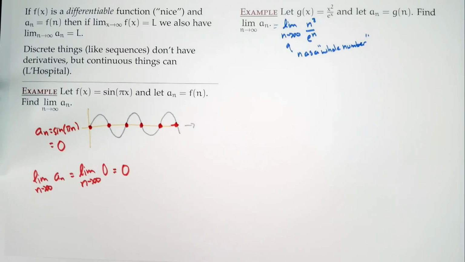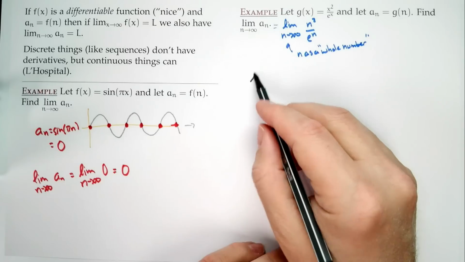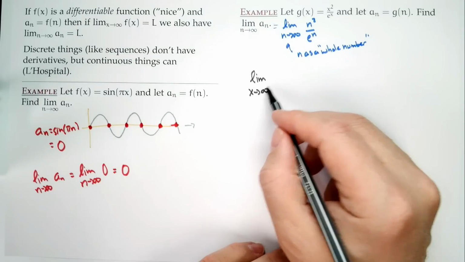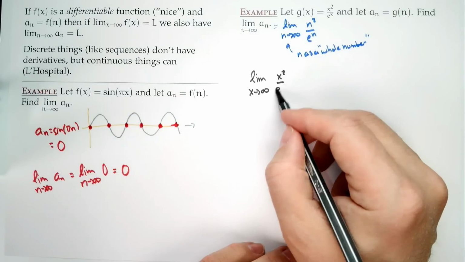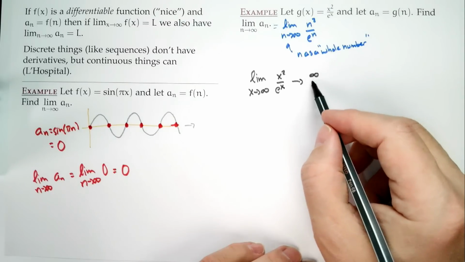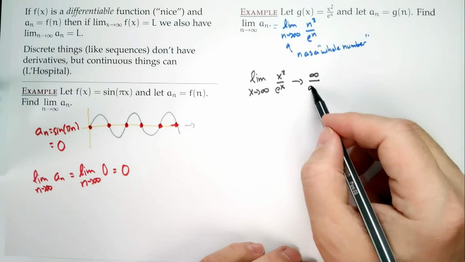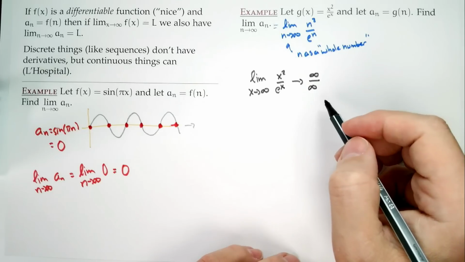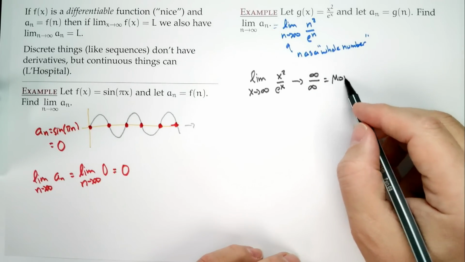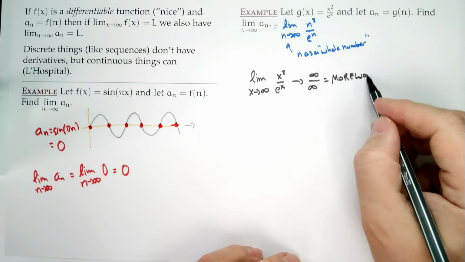So let's just follow through and see what the continuous case says. So let's look at the limit as x goes to infinity of x squared over e to the x. Well, this is going to infinity, big number upstairs, and infinity, big number downstairs, which, as we all know, means more work. More work, absolutely.